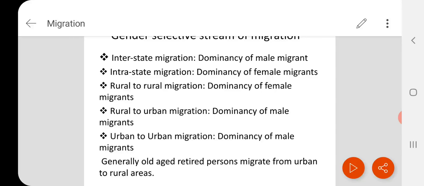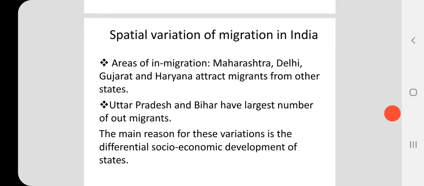Why? Because after their retirement they go from urban areas to rural areas to live. So, this is the cause of old aged persons' urban to rural migration.